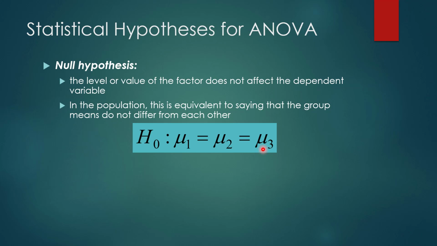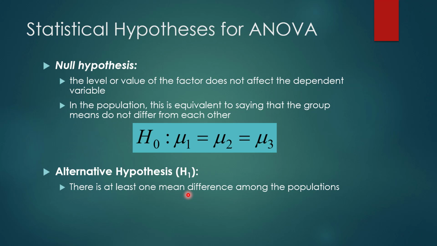Now, the alternative hypothesis is a little bit more complex. It basically states that there's at least one mean difference among the populations, but it could be a variety. It could be the mean of population 1 is different from population 2, population 1 could be different from population 3, or population 2 could be different than population 3. There are so many ways to say that.